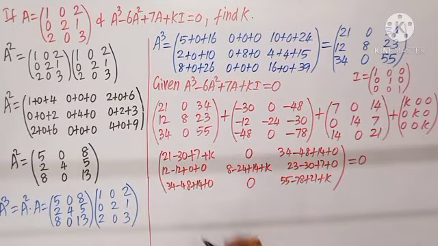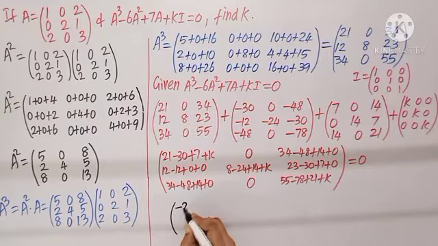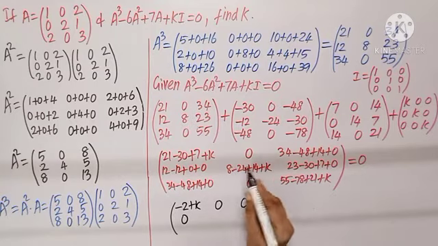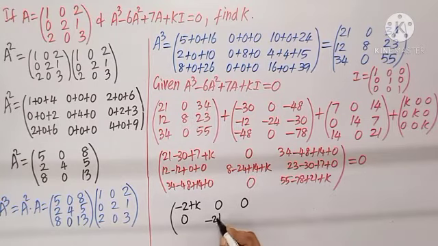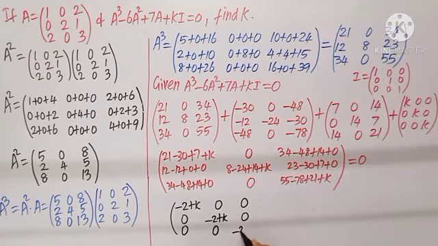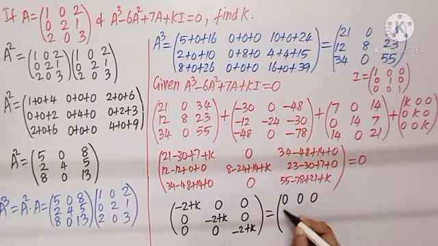As I simplify, 28 minus 30, minus 2 plus K, 0, 0, 0, minus 2 plus K, 0, 0, 0, minus 2 plus K. The entire thing tells us 0, every entry is 0 in the matrix.